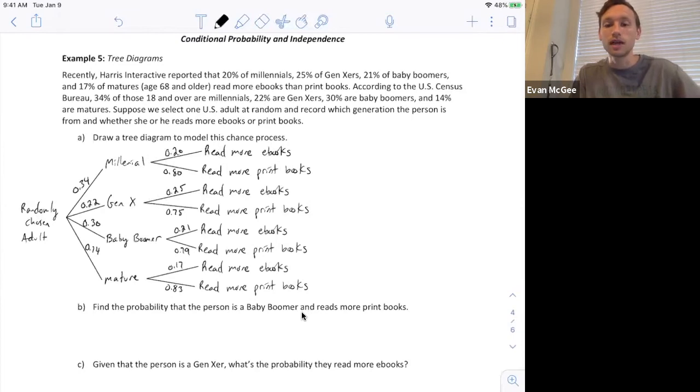It's guaranteed to happen. So I'm going to list out the probabilities of each of these events occurring, and that's going to be the probabilities of my sample space. So the probability that I randomly select a millennial that reads more ebooks is just going to be 0.34 times 0.2. And I'm going to write that probability right here.